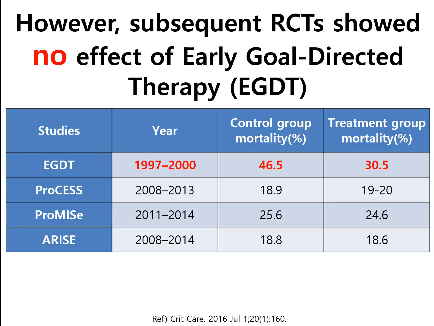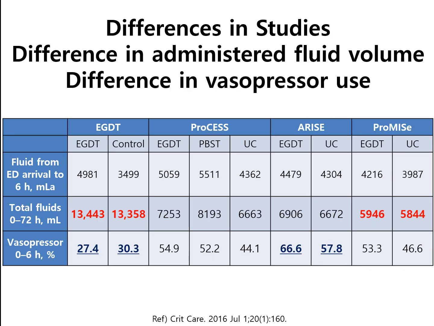However, subsequent randomized controlled trials showed no effect of EGDT, early goal-directed therapy, compared to usual care. Differences in administered fluid volume and vasopressor use were noted between studies.